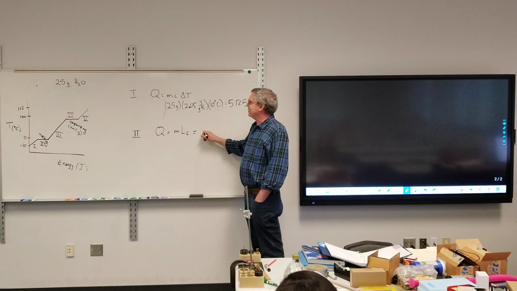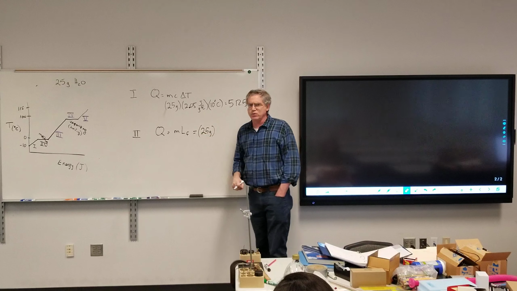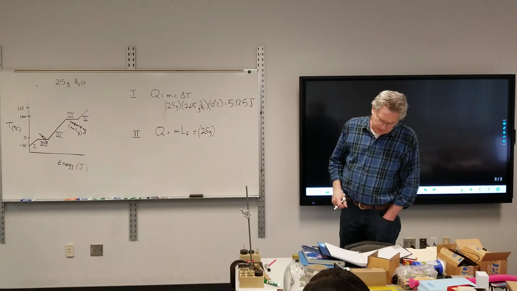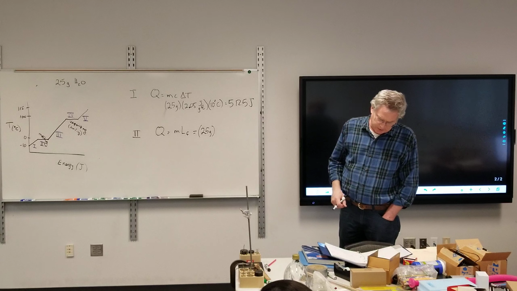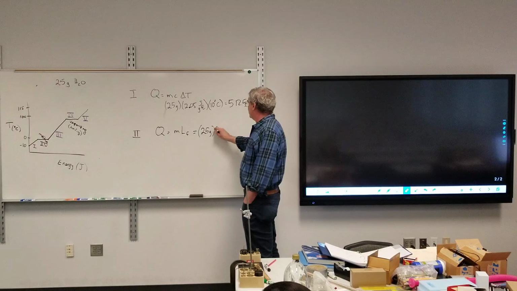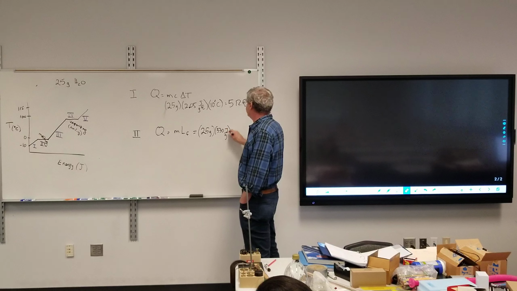And so the mass is 25 grams. And the latent heat of fusion for ice to water is written down somewhere here. There we go. 330 joules per gram.